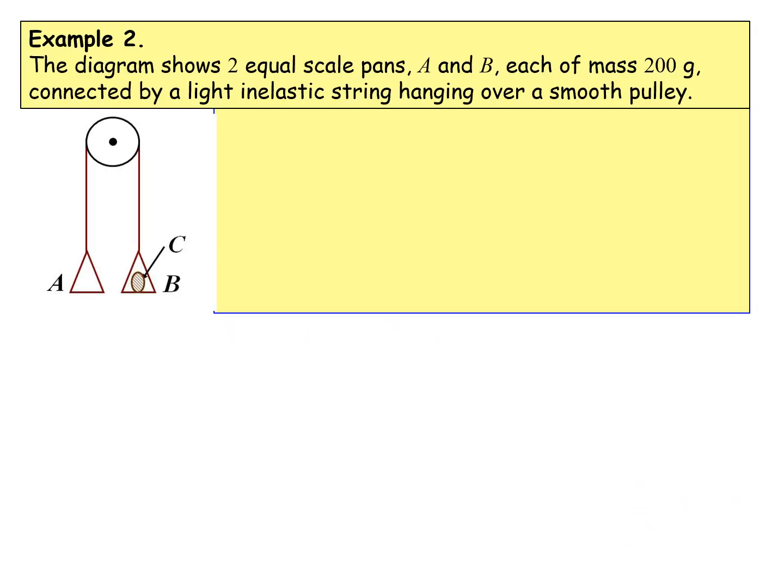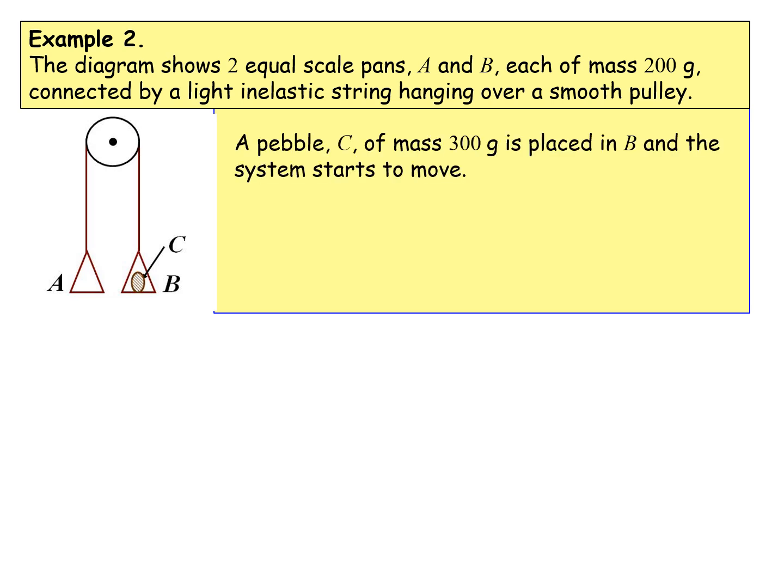So, example 2. The diagram shows 2 equal scale pans, A and B, each of mass 200 grams, connected by a light inelastic string hanging over a smooth pulley.